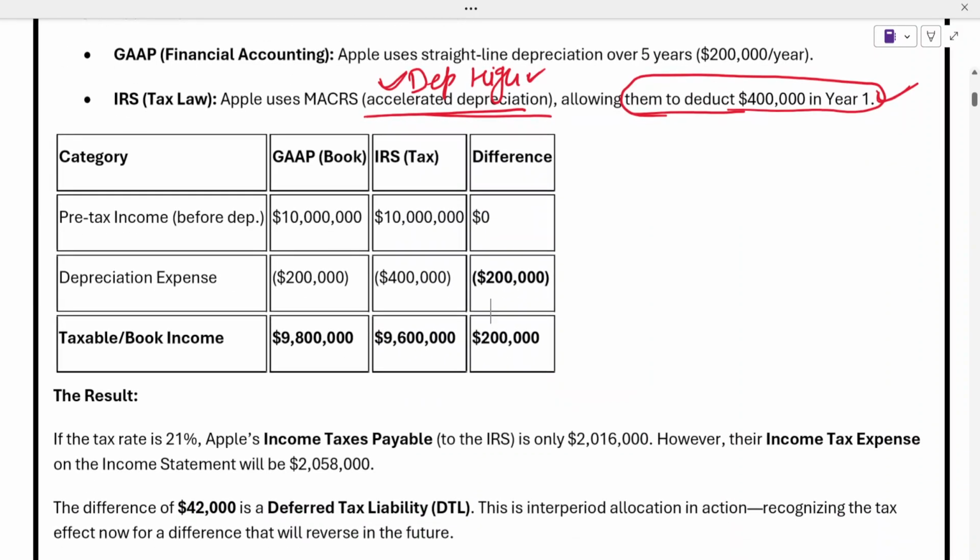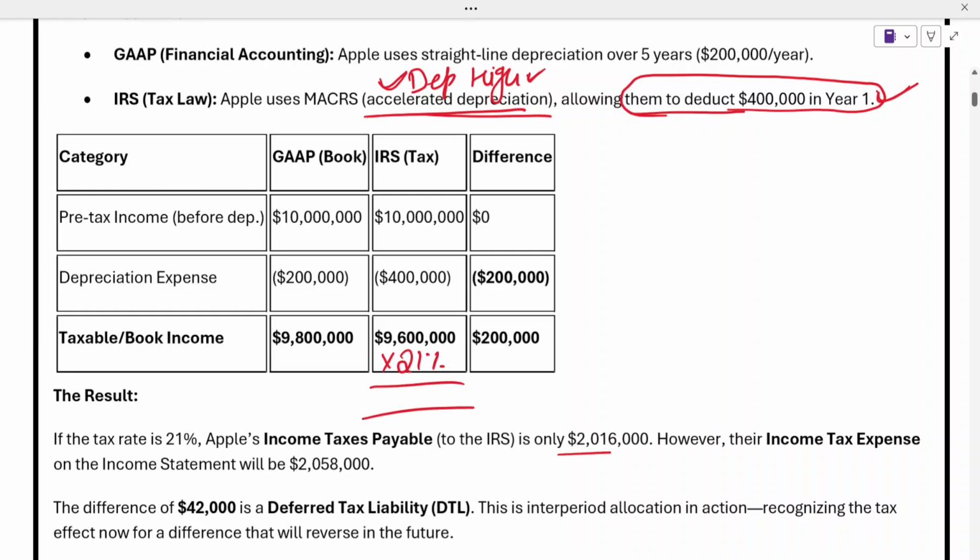Now, if the tax rate is 21%, then Apple's income tax payable to the IRS is only 2.016 million. Basically, how is this calculated? This is calculated on 9.6 million multiplied by 21%.